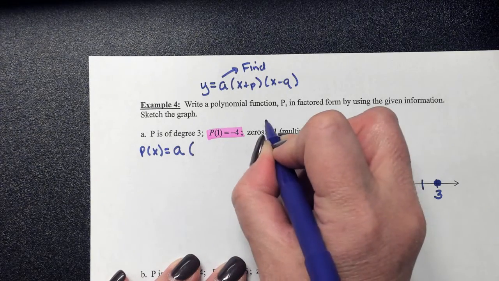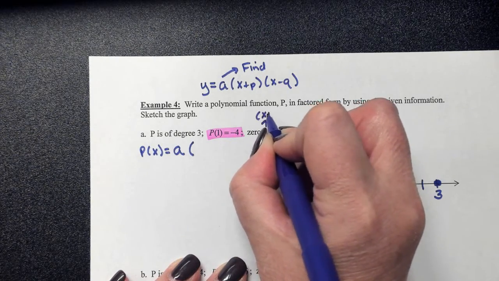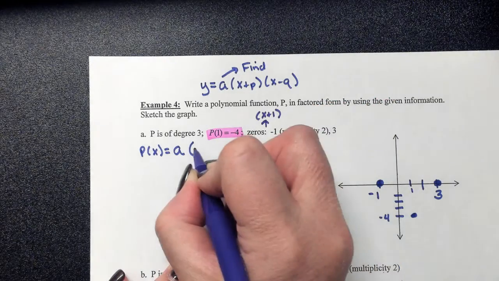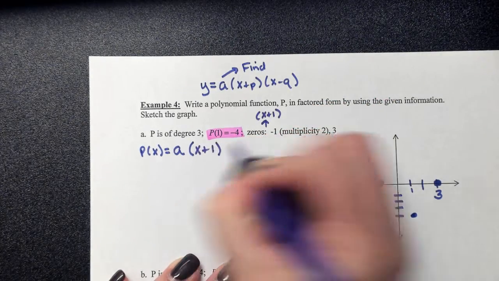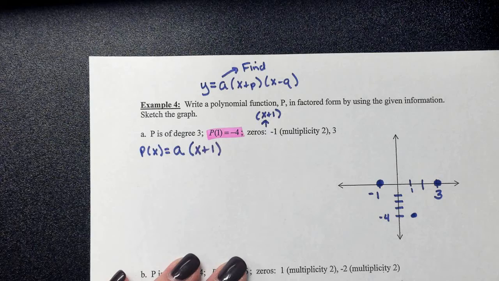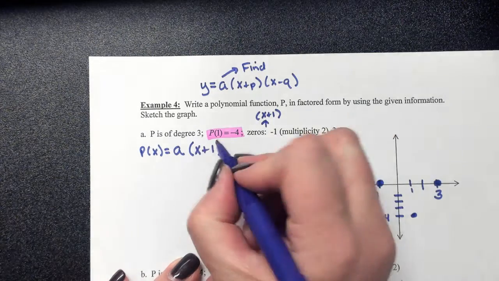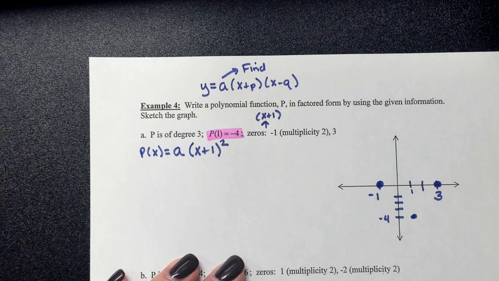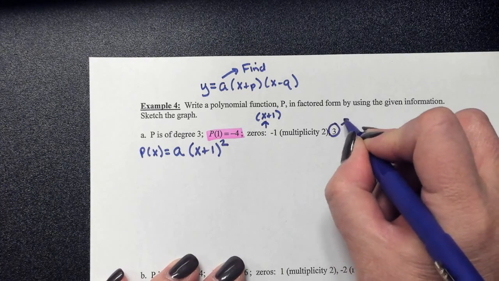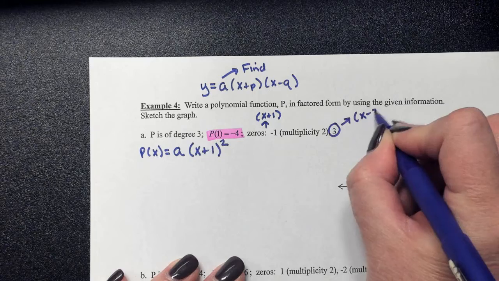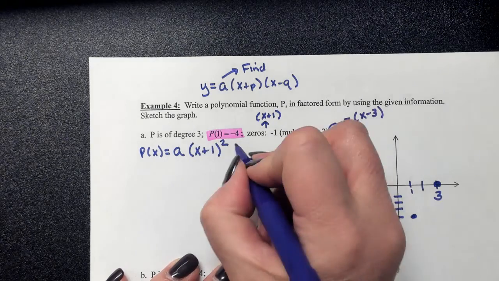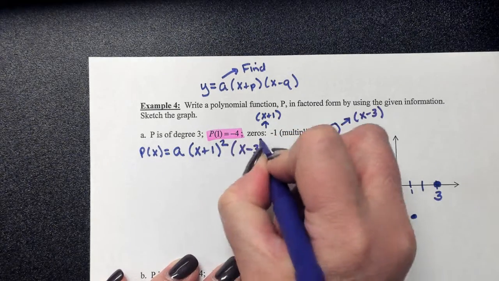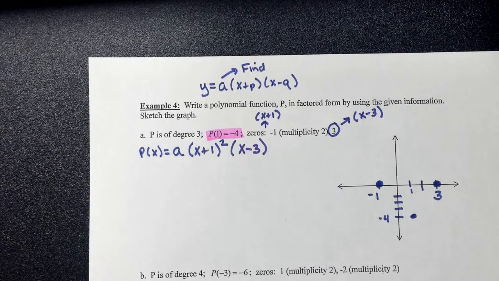The factor that -1 came from is x plus 1. So I'm going to write this equation in factored form, and my factor is x plus 1. My multiplicity is 2, so that means that the exponent for that factor is 2. The 0 is 3, which means the factor this came from was x minus 3. So in my equation, I'm going to write my factor of x minus 3.